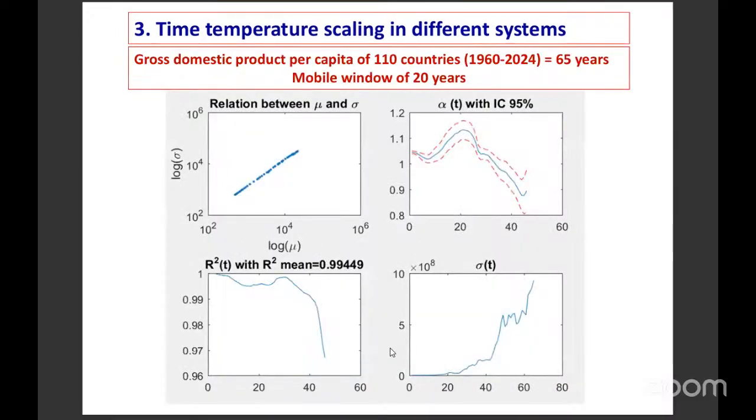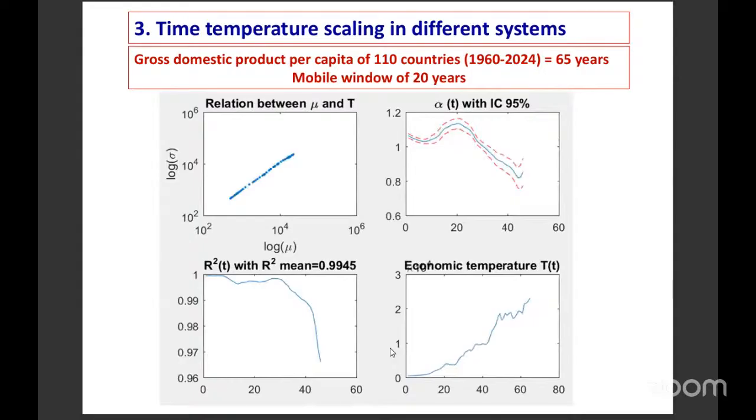The same holds with the DAX stock index, and the same with gross domestic product per capita. In the next talk, Alejandro will speak about this case, but in the context of the time fluctuation scaling, where the mean R squared value is similar.